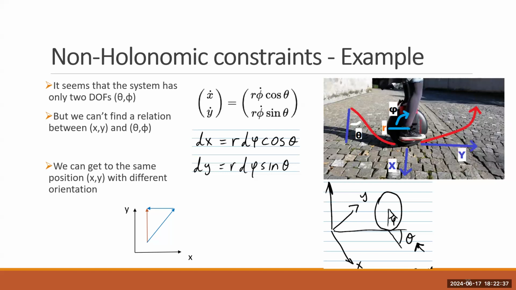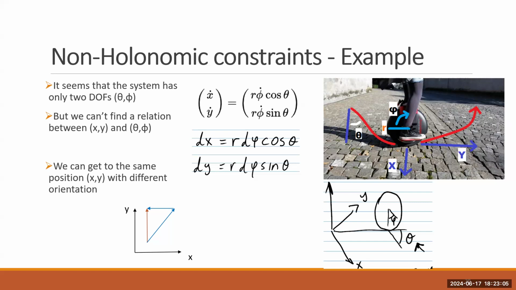It seems that the system has only 2 degrees of freedom, theta and phi. But we can't find a relation between x and y and theta and phi, because we have the relation between dx and dy equal to r d phi cosine theta and r d phi sine theta.